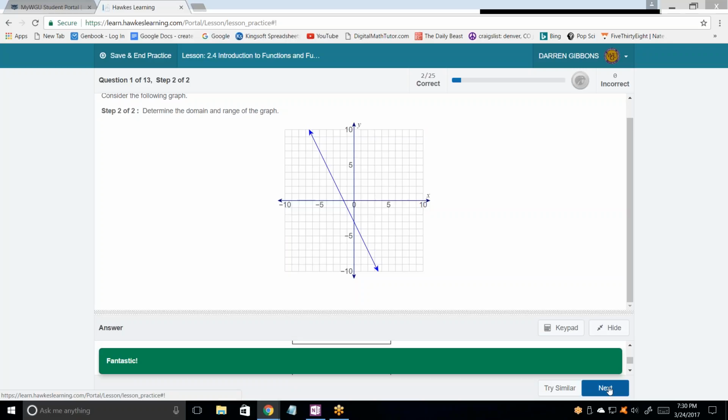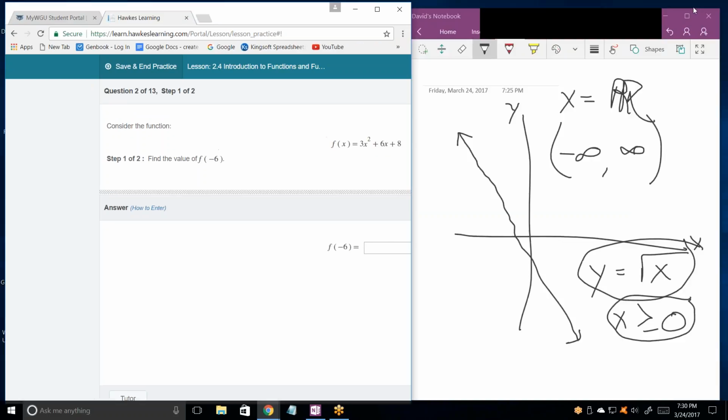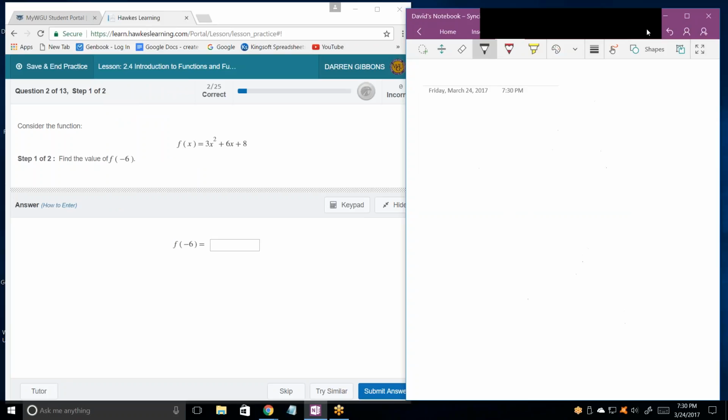All right, let's look at another one. All right. How do I find this notation, f of x, means the same as y. In other words, I could write this function two different ways. One, I could use y, like this. And the other, I can use f of x.